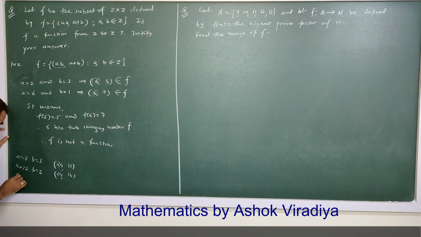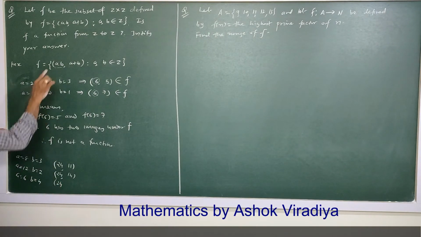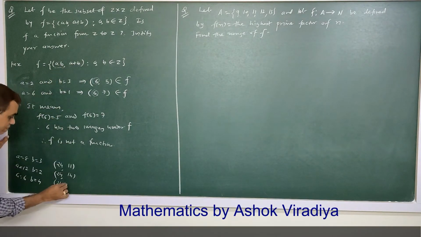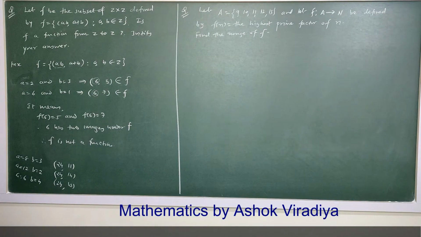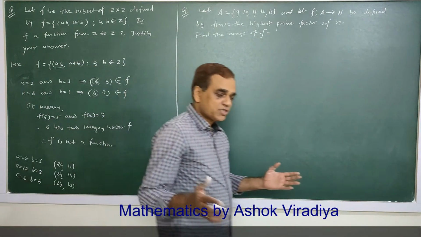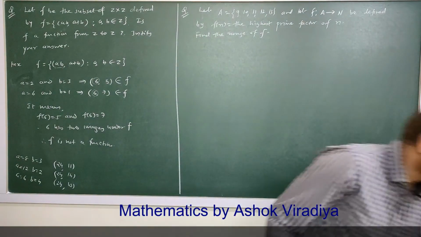If you take a 6, b 4, 6 into 4 is 24, 6 plus 4 is 10. Here 24 has 3 images, not only 3, we can take more combinations. A 24, b 1, so 24, here this will be 25. So 24 has many images. So there are so many integers having many images.